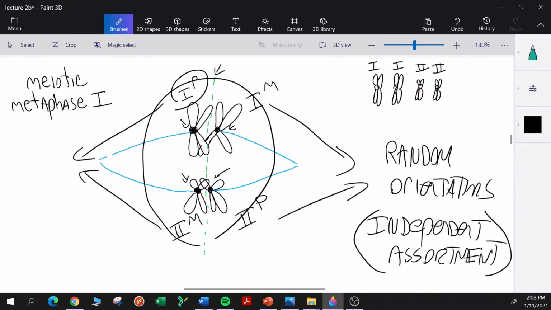That's what causes independent assortment: the fact that the way the tetrads align on the metaphase plate relative to one another. Okay, so I think that's it for meiotic metaphase. Essentially, the tetrads are aligned on the metaphase plate.